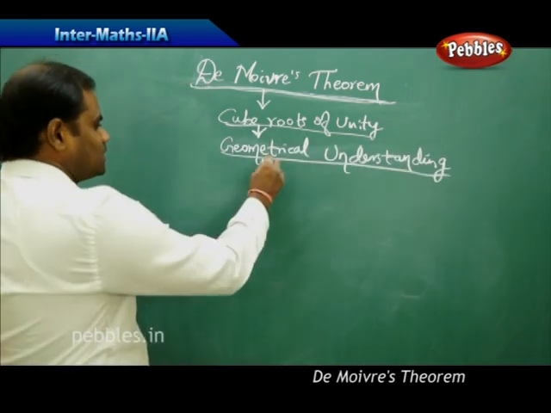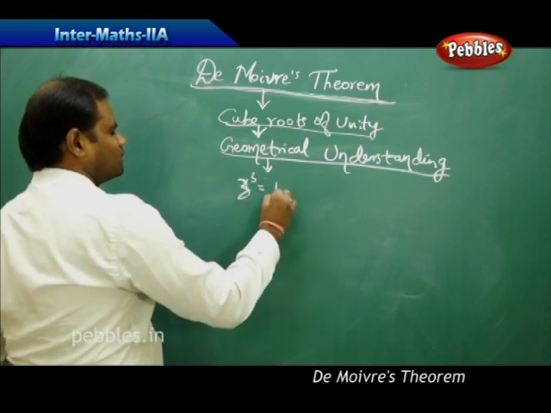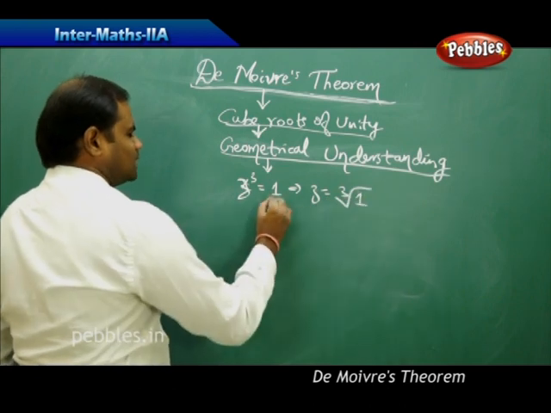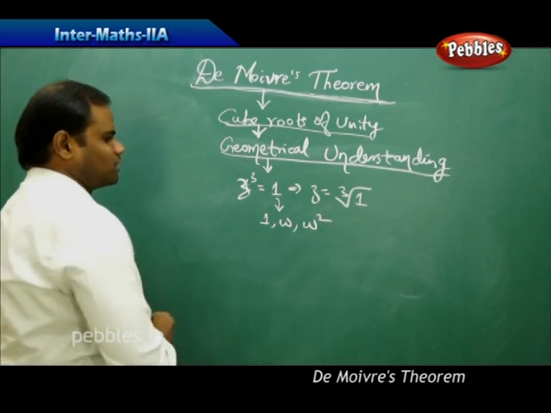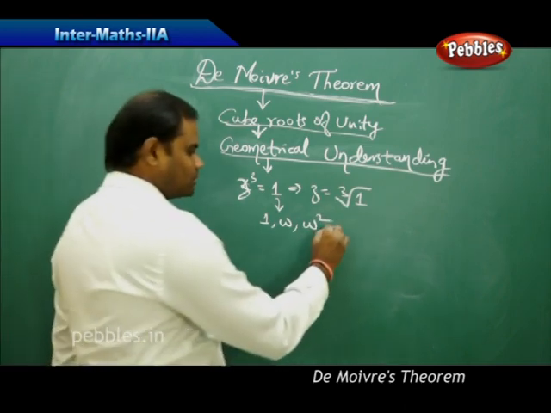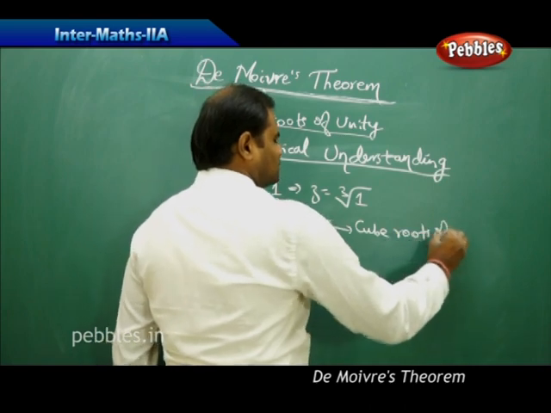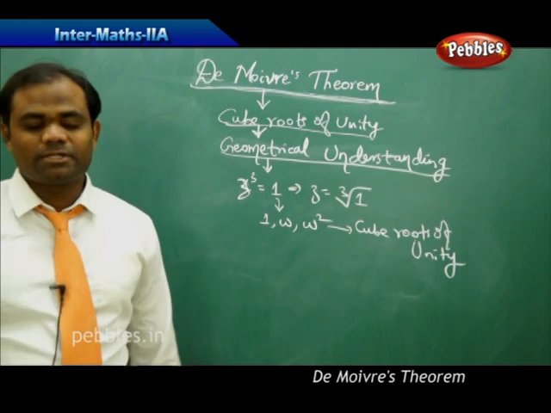So now that we have discussed cube roots of unity as 1, omega, omega square, let's see how they are geometrically represented.